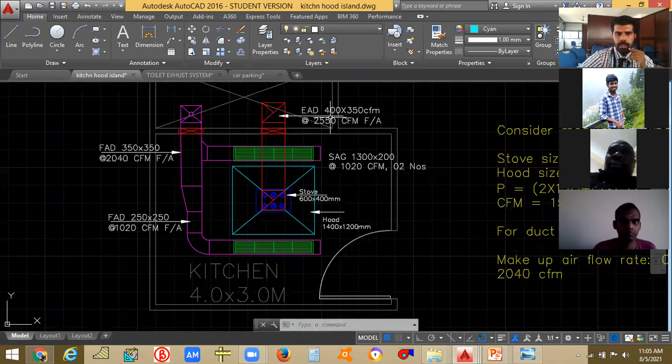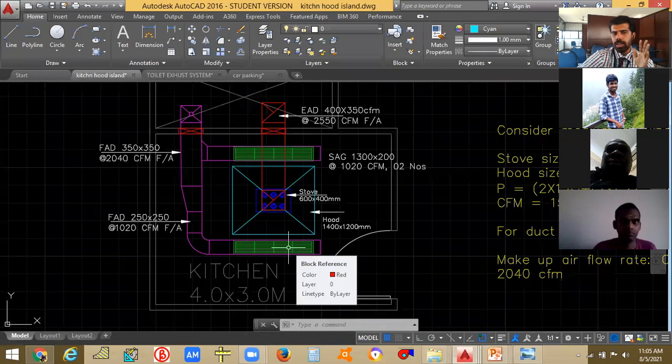Here they have given two supplies, one here and one here. According to your design, you can do whatever you want. If you want to give one supply, we can give like that, or if you want to give two supplies, you can give like that. You can split it and give. Understood?